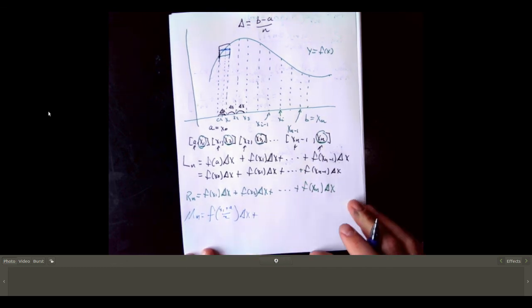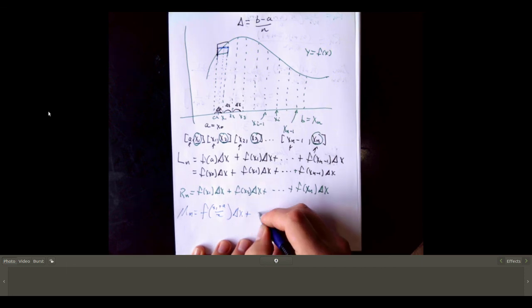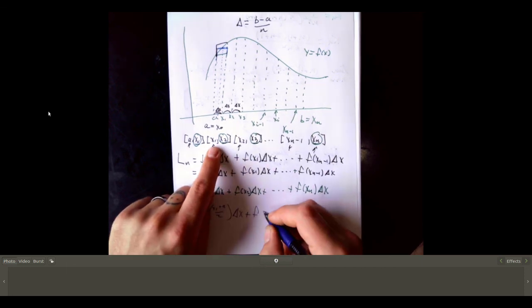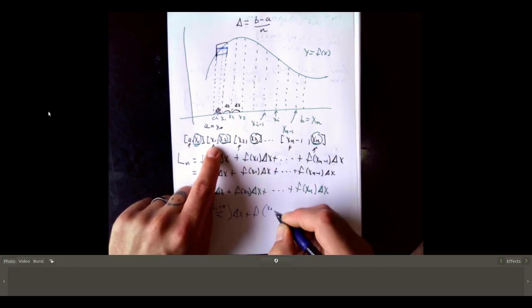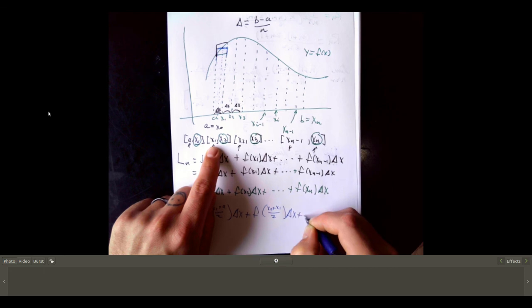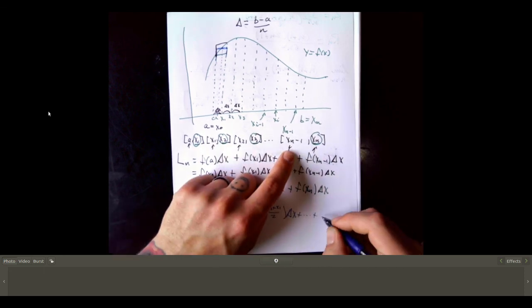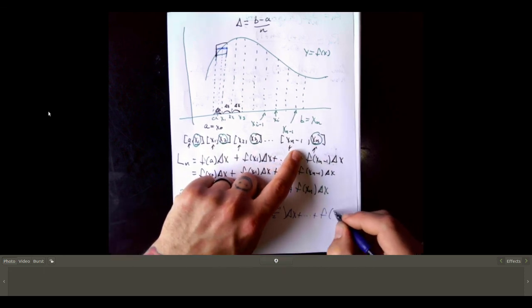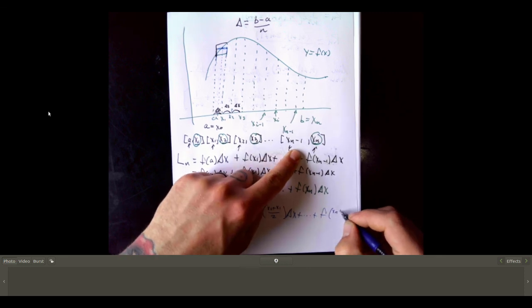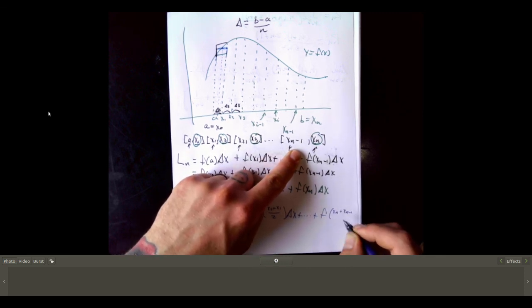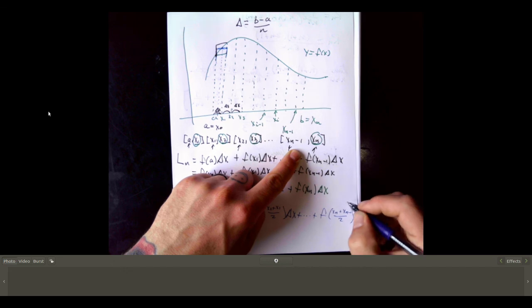To that we're going to add f of, now the midpoint of this interval is x2 plus x1 divided by 2 times our width, plus the last one would be f of x sub n plus x sub n minus 1, all divided by 2, times our width.